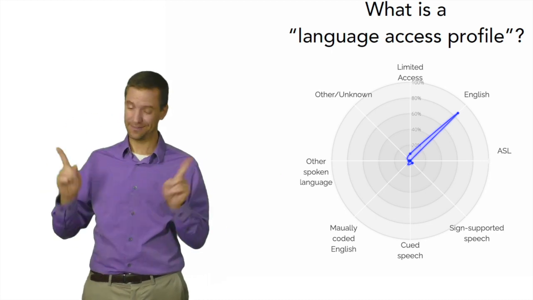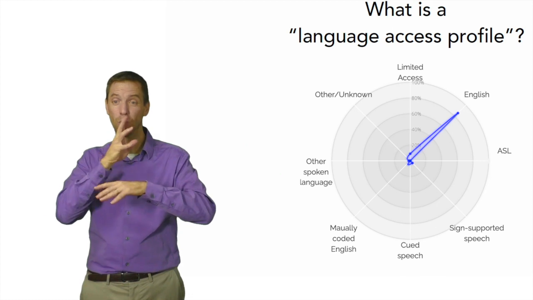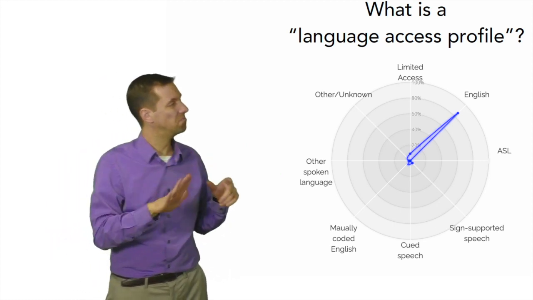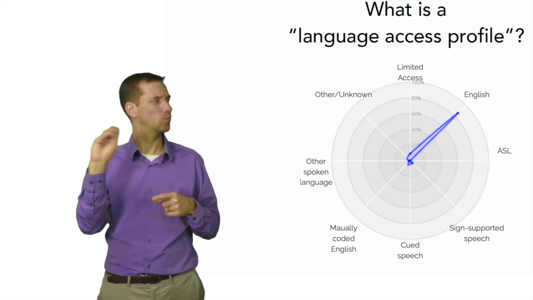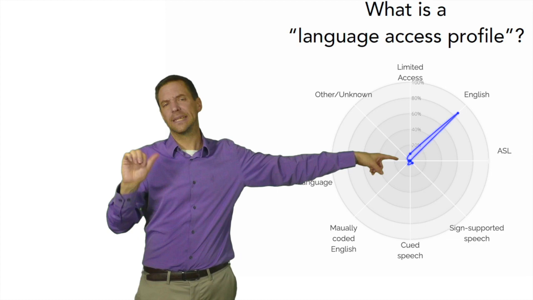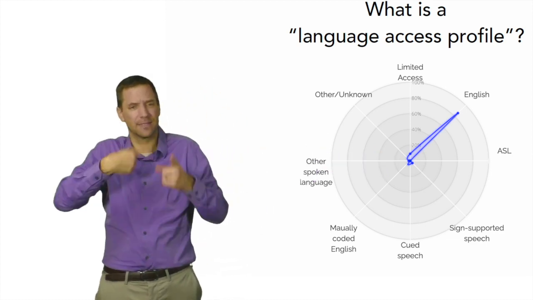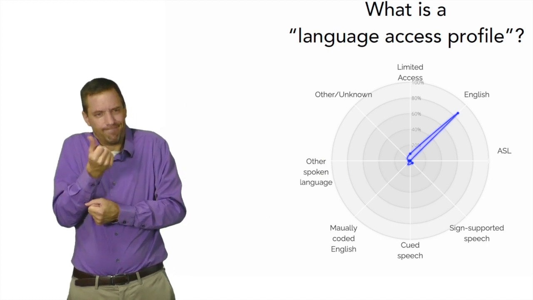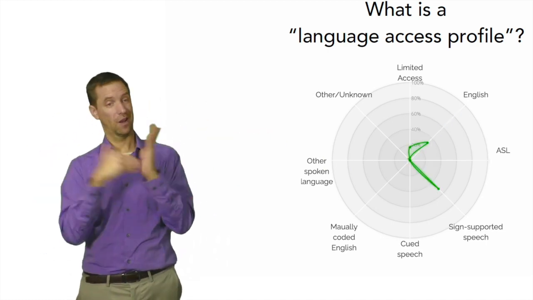Here we have a very different child with a different experience. This child has a lot of auditory access to spoken English. It's estimated here about 90%, or maybe it's 85%. And there is only about 10% of this child's experience consisting of limited access, and here we also have a little bit of sign-supported speech. Here is different again.